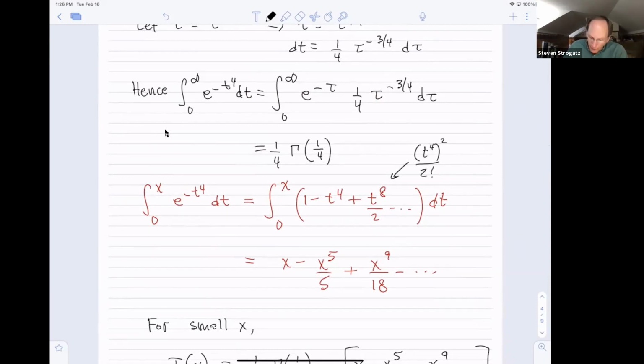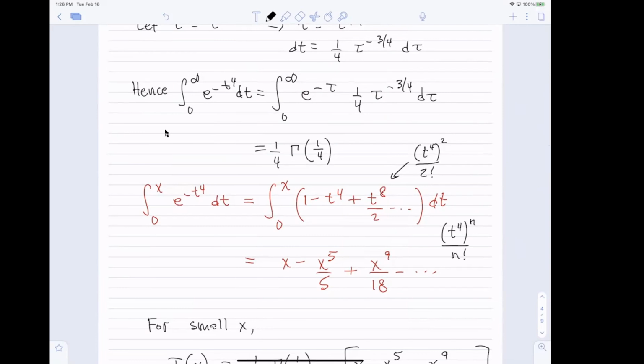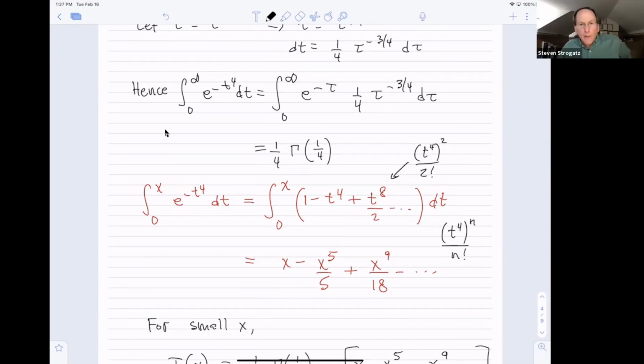And our general term is going to be something like t to the 4th to the n over n factorial. And then I'm integrating that. And so if you were to check the resulting series with the ratio test or whatever, you would find it's a convergent series for any x.